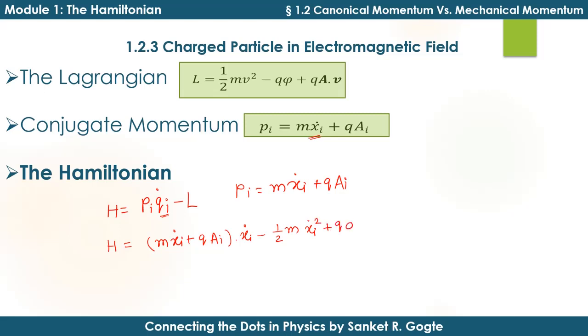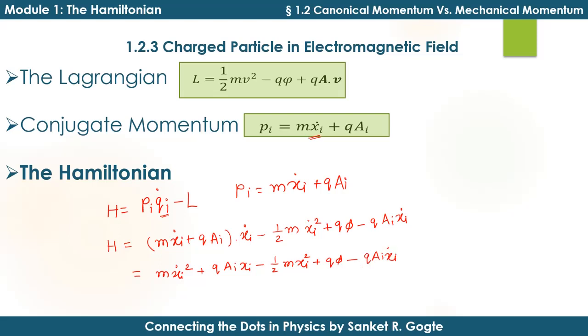plus q into phi minus q into ai xi dot. This is equal to m xi dot whole square plus q ai xi dot, minus 1 by 2 m xi dot square plus q into phi minus q ai xi dot.